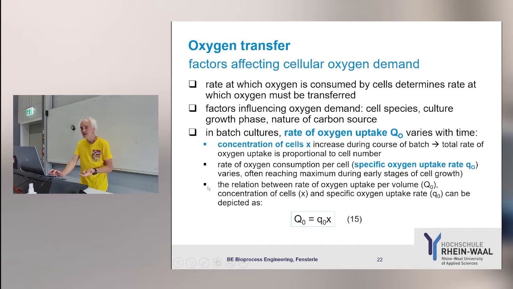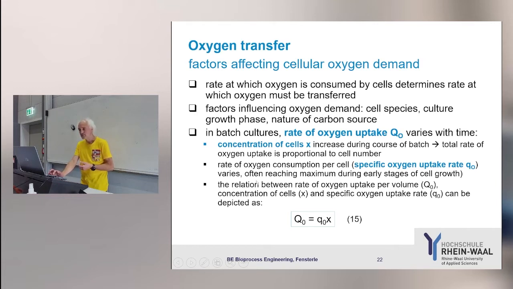And then you can say the rate of oxygen transfer follows, again, this relationship. This is no surprise, because it is the same as the specific substrate transfer rate, specific growth rate, or whatsoever. The oxygen uptake per volume is the concentration of the cells times the specific oxygen uptake rate.